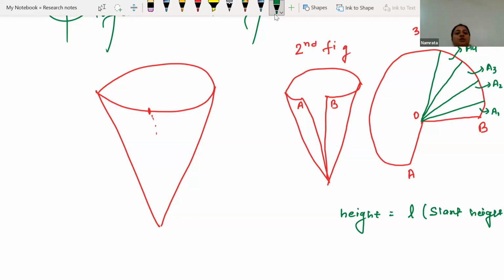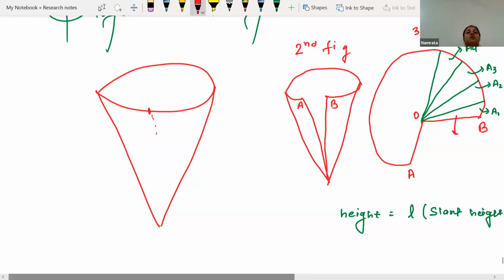Okay. So what is the formula for area of the triangle? Area of this first triangle will be 1 by 2 times base times height, right? Yes, ma'am. So the formula for the first triangle is 1 by 2 times the base. Let's say the base is whatever.